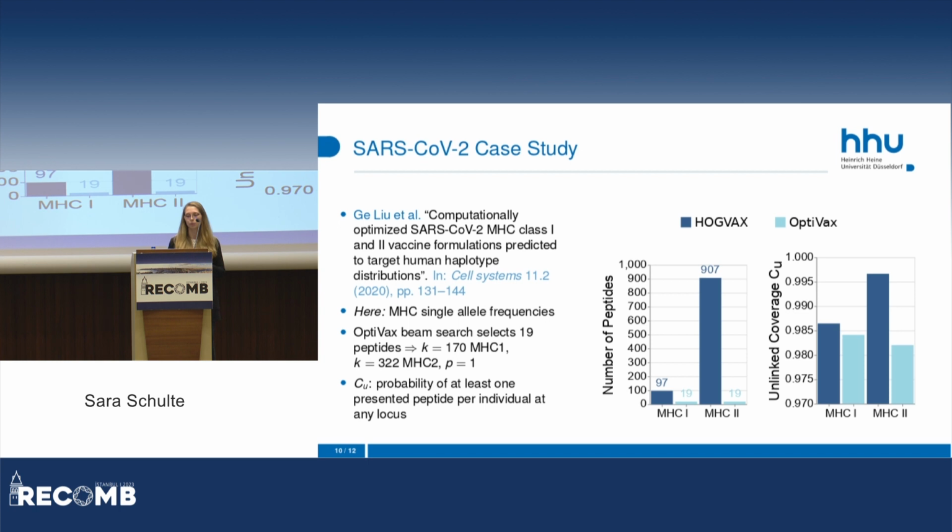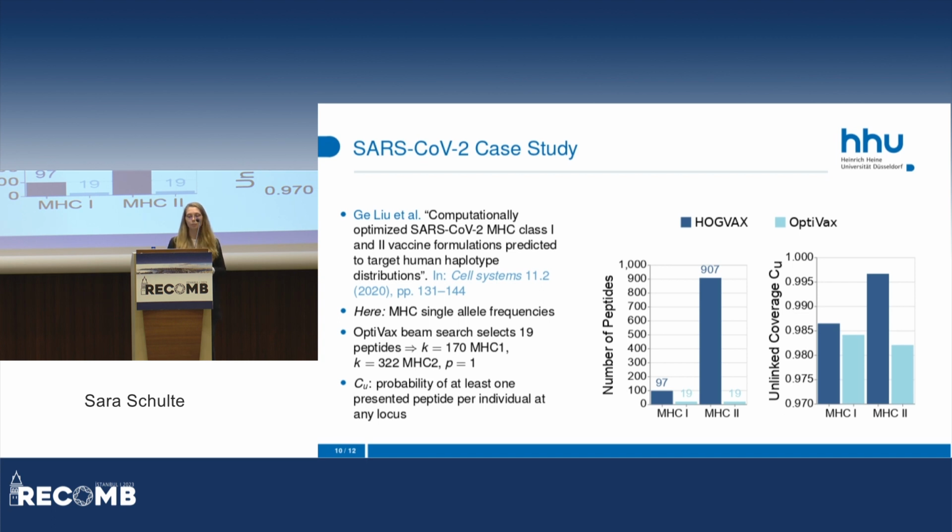And you can see that with this higher number of peptides, in the right plot, we can increase the population coverage, even though both tools are already in the upper 90%. By following this superstring approach, we cover, for example, more rare MHC types as well.